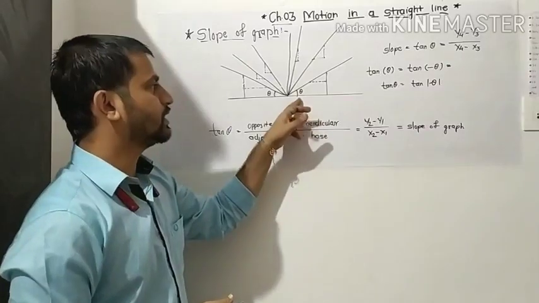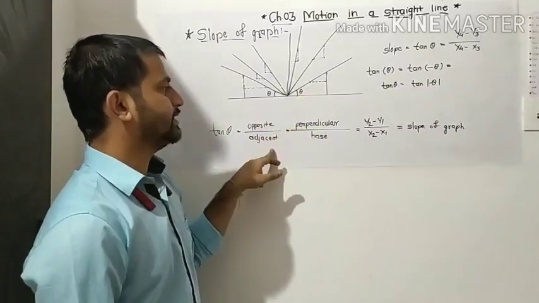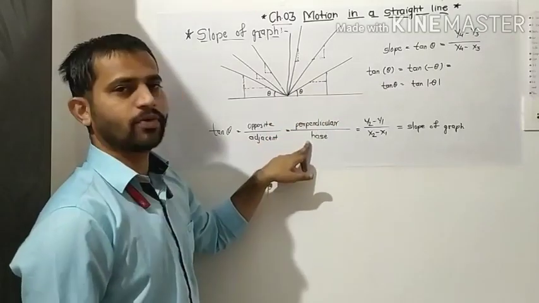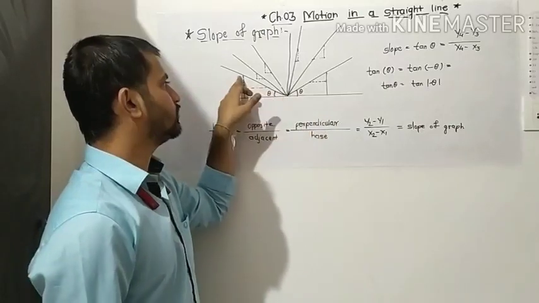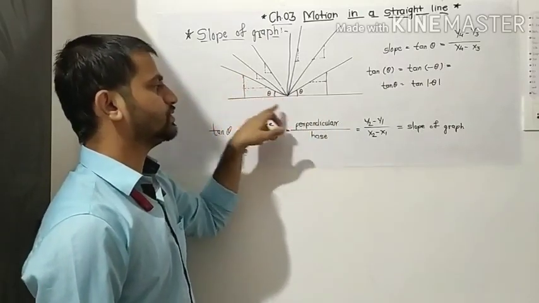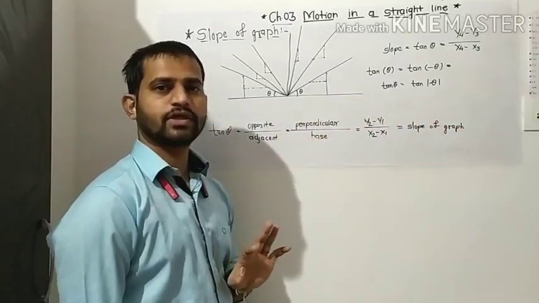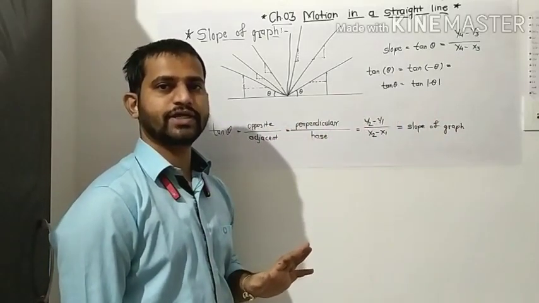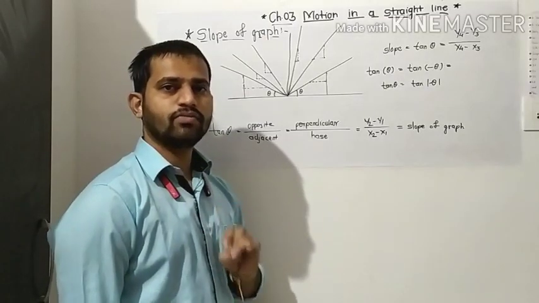So if we consider tan theta as opposite upon adjacent, that is perpendicular upon base, y2 minus y1 upon x2 minus x1, then it gives the same slope of the graph on both sides.